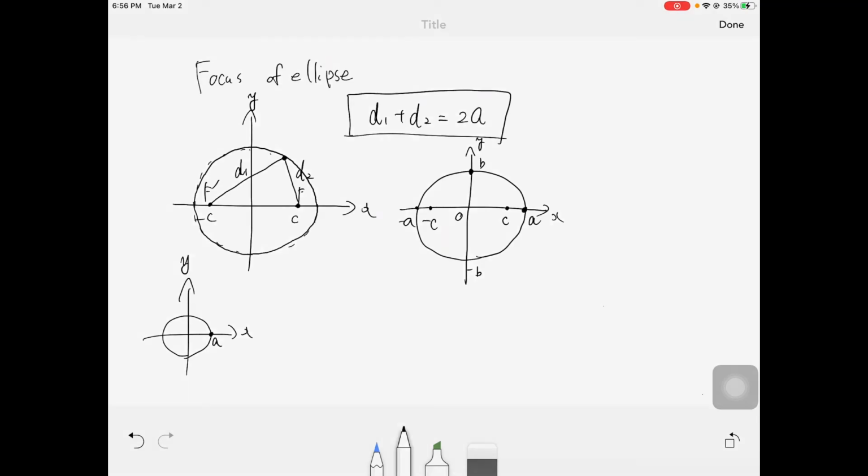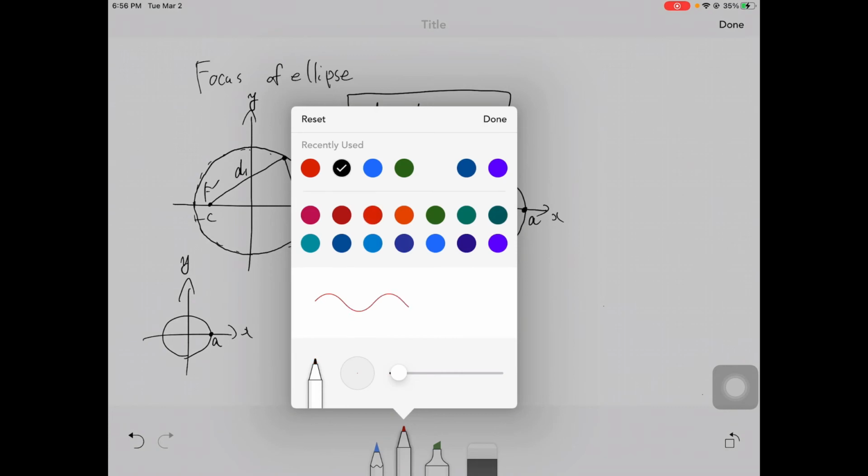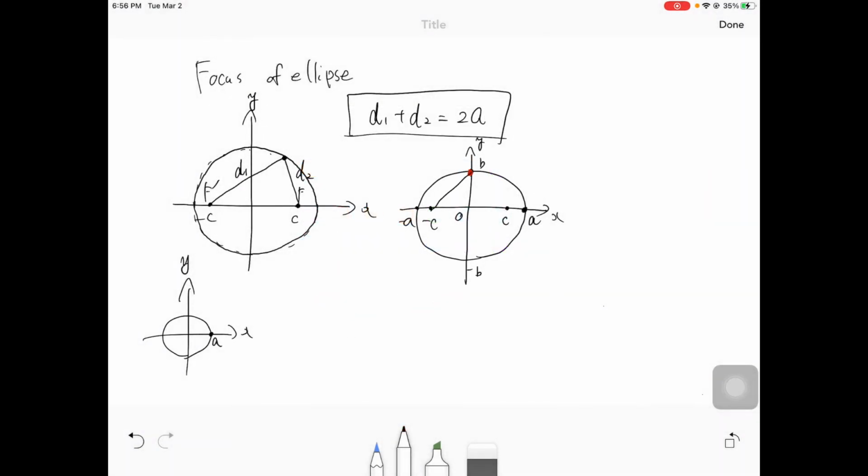Let's see. And let me put the point here. According to the definition of ellipse, d1 plus d2, the sum, is going to be 2a.